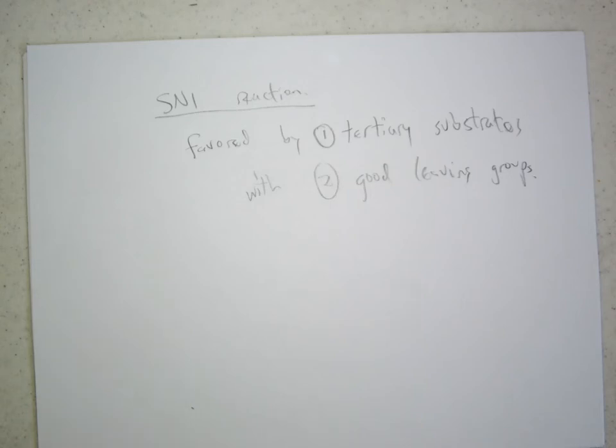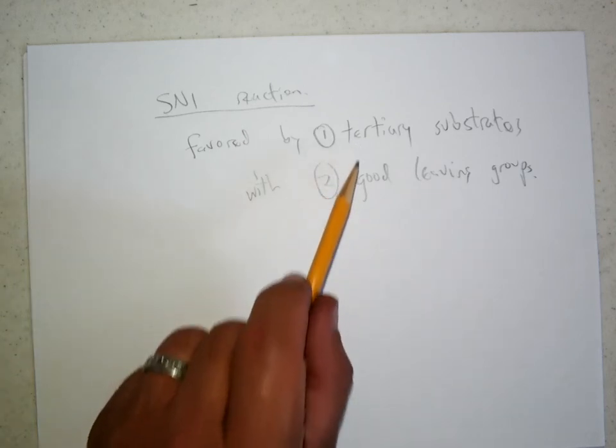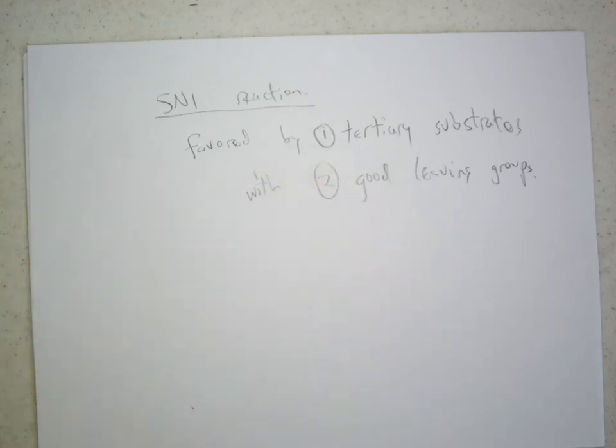So SN2 reactions were favored with primary substrates and good nucleophiles because the attacking of the nucleophile on an exposed target was important. The SN1 reaction, where something falls apart first, you need something that'll fall apart better, and you need something that'll fall off and be stable.